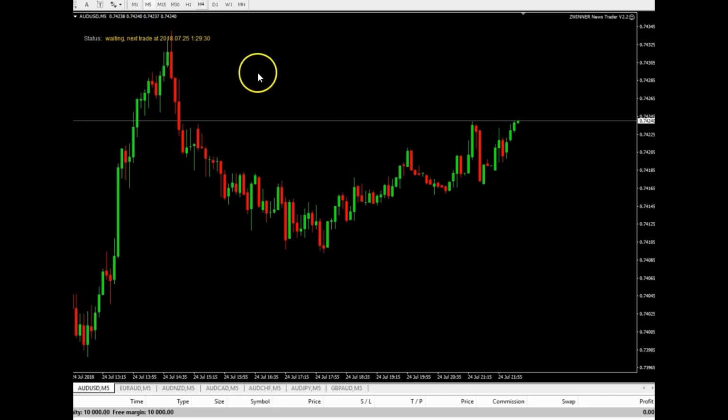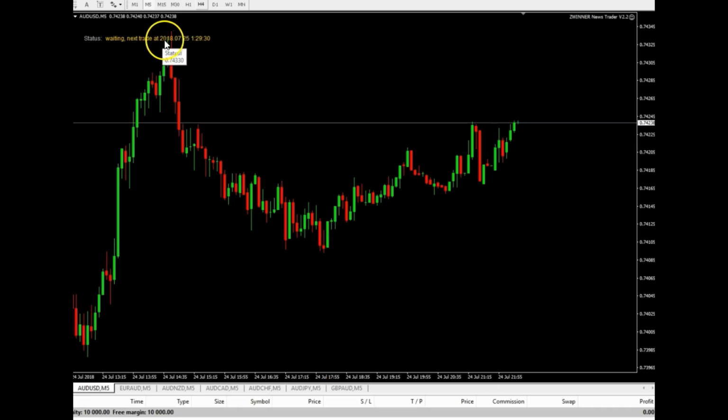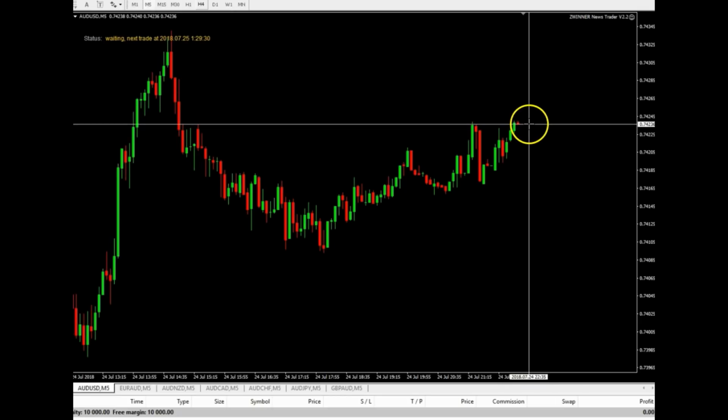So with these 7 pairs, if you look here, it says waiting for next trade on the 25th of July 2018 at 29 minutes and 30 seconds past 1. That means about half a minute just before the news, it will place pending orders. This is the market price, so it will put 10 pips above the market price to buy.